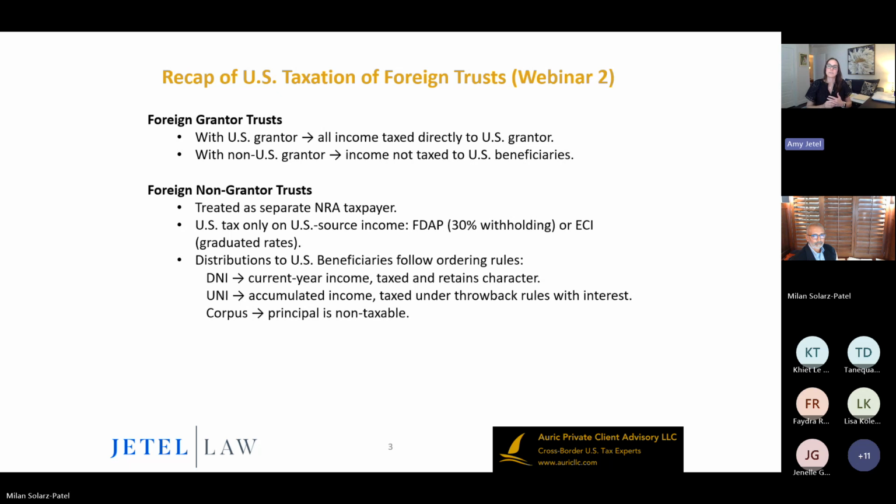And that's where we get into the punitive rules. It's this UNI thing that causes anxiety and headaches, but also planning opportunities. Then and only then, after the UNI is exhausted, do we get down into the non-taxable principal.